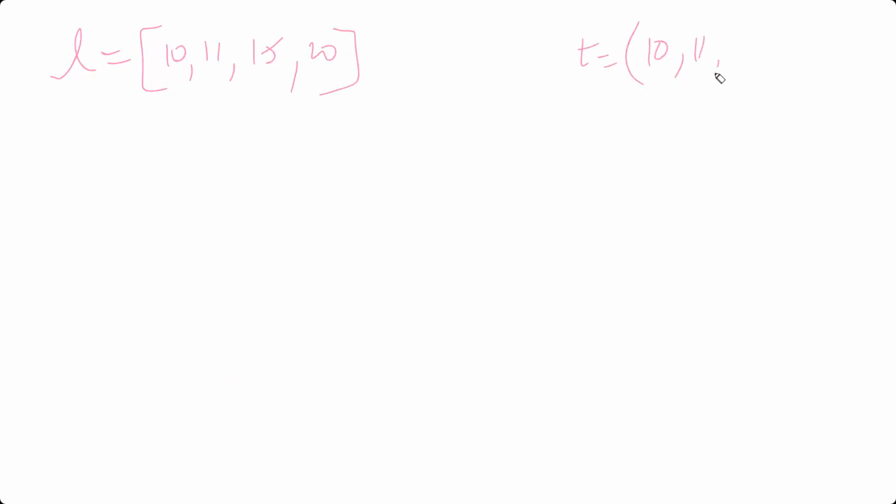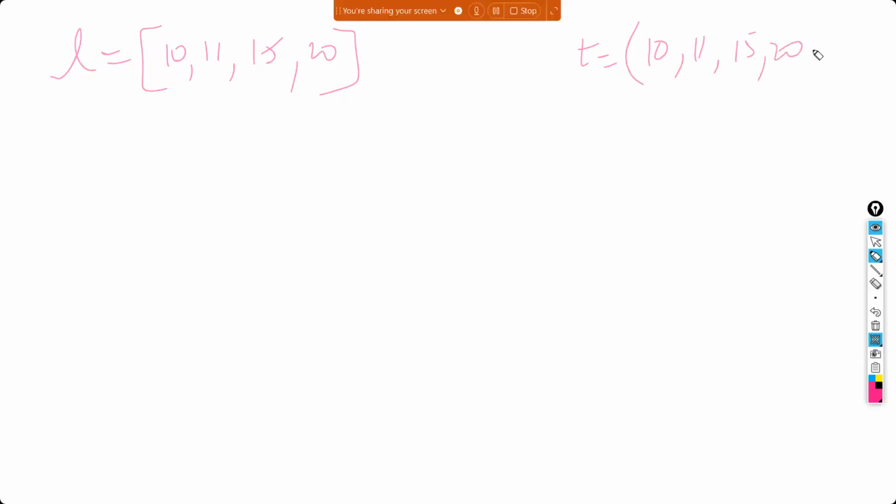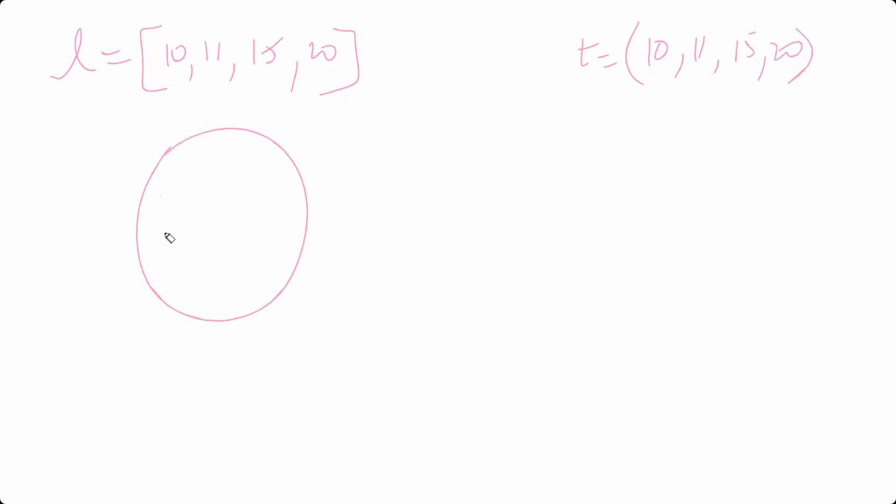Now, L is equal to 10, 11, 15, 20. What is the difference of this one versus this one? T is equal to 10, 11, 15, 20. This object is going to store the 4 values, that is 10, 11, 15 and 20.